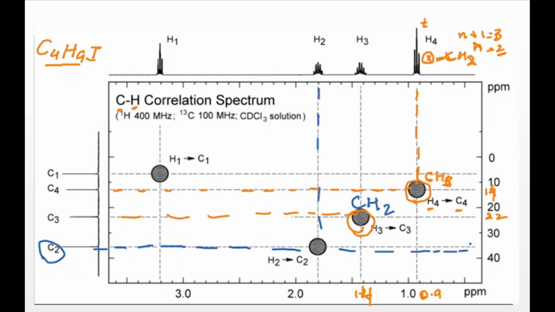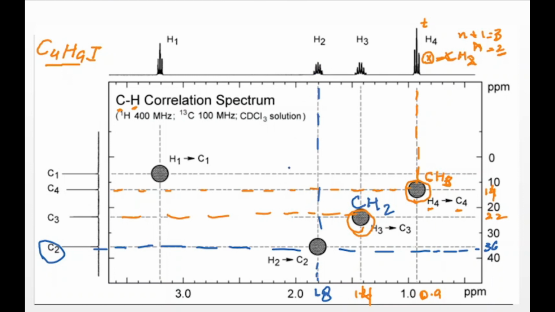Its ppm value is around about 36 ppm, and it is in the range of about 1.8 ppm value, and it is a pentet: 1, 2, 3, 4, 5.